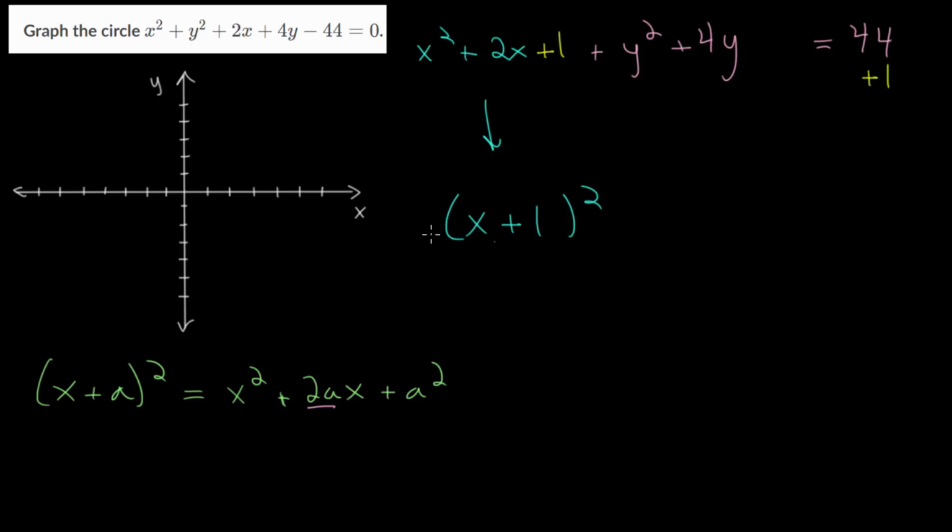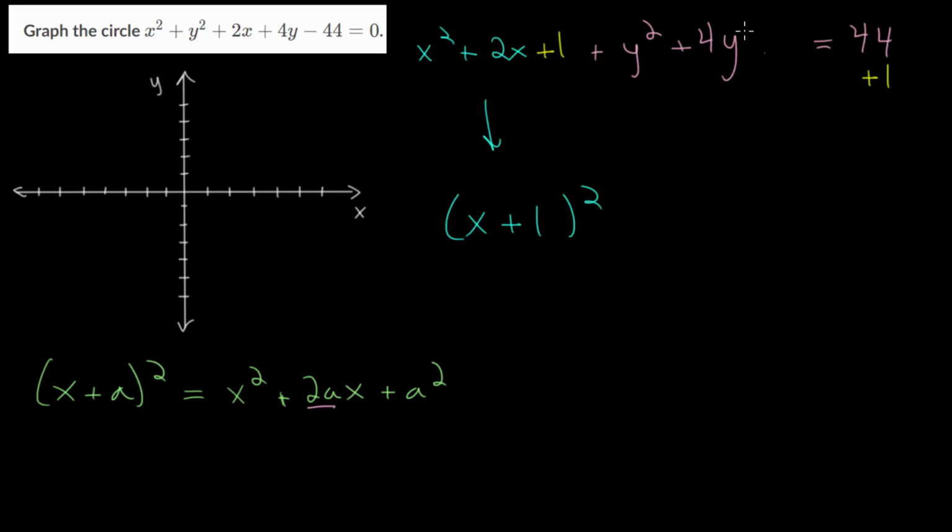So in this case would be positive 1. And you can check this by just re-expanding this. X plus 1 times x plus 1, if you multiply that out using distribution, you will get back this quadratic expression. And that is essentially an effective way to check that you're completing the square correctly.